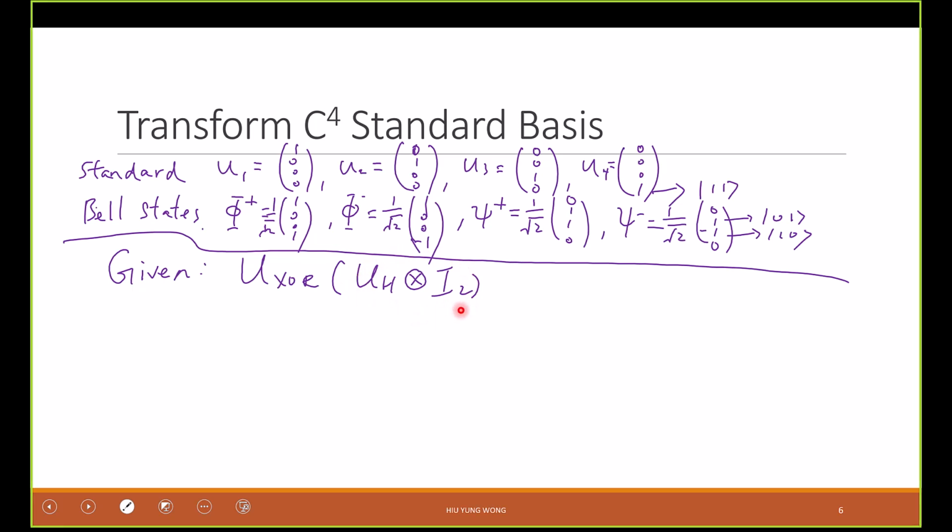No, this whole thing, what is this? It is 16, but what are we talking about? C4. So can this be a 2-qubit identity gate? No. Then what do you guess is the meaning of the 2? The identity gate for the second qubit. That's the only meaning, right?